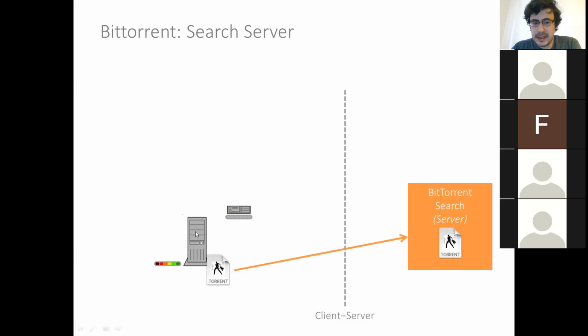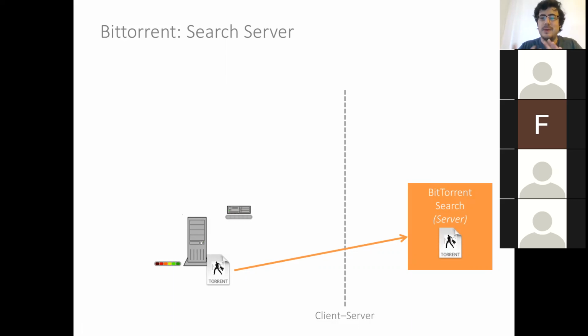Essentially this peer that has this data and wants to share it in the network has to upload a description of the data, which is stored in a torrent file. And that needs to be stored in a central server where people can search for that information. It stores information like the size of the torrent, some initial information about what trackers to use, which I'll discuss in a second, and some metadata.